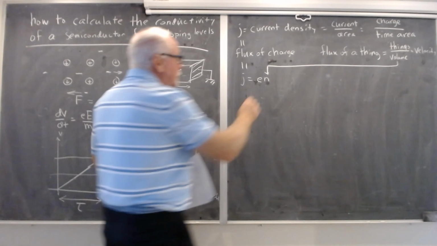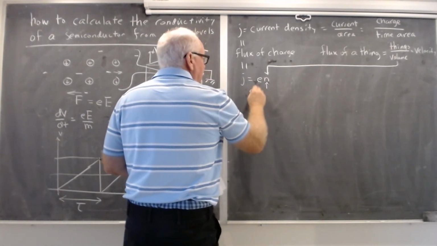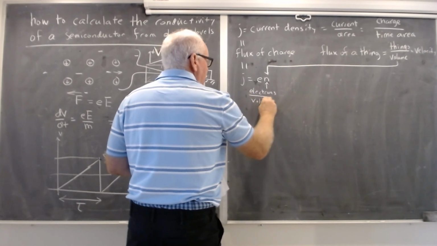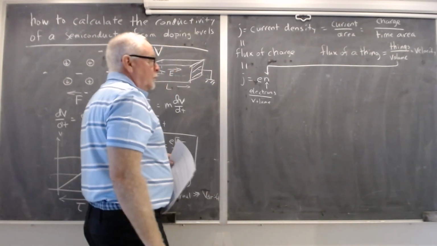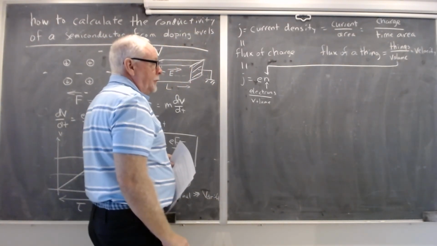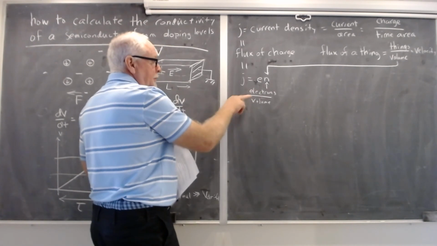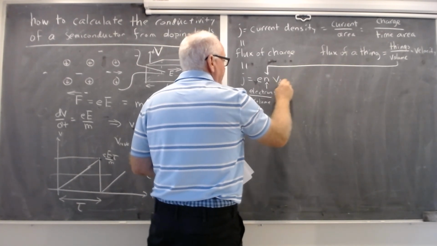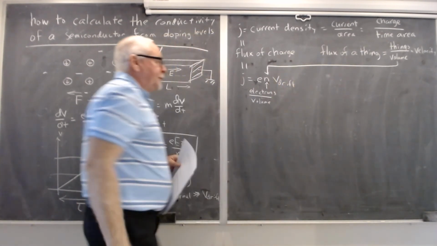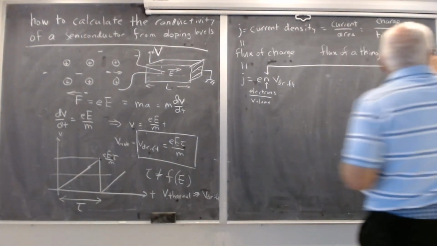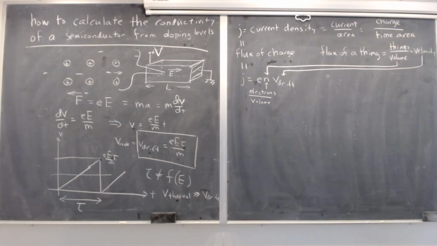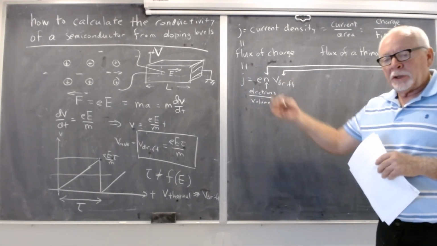Okay, when I multiply by the charge on an electron, that gives me the charge per unit volume. And so I multiply that times the drift velocity, and that's J. So J is defined from understanding how to calculate the flux of something.